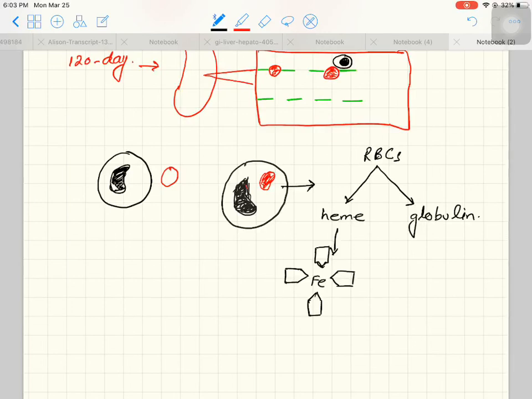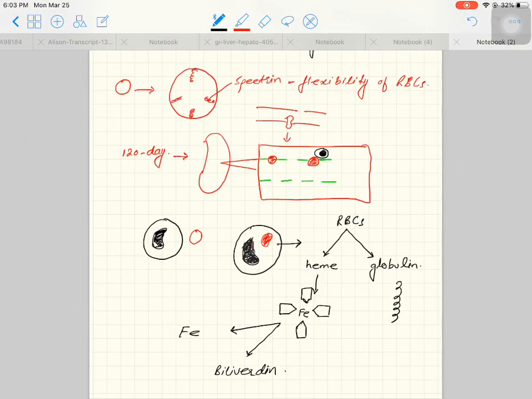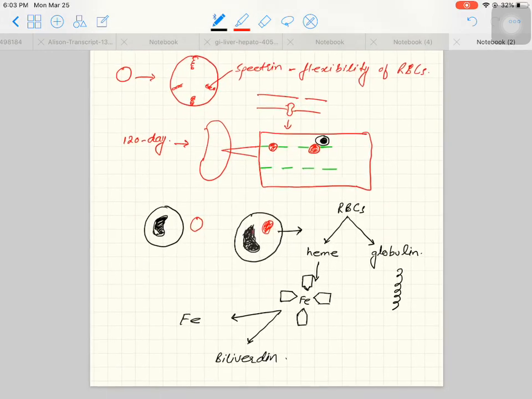When iron is added in the center, it is called heme, and this part is globulin, which detaches here. So this is heme. It will divide into iron, and the damaged protoporphyrin is called biliverdin. This biliverdin then converts into bilirubin.